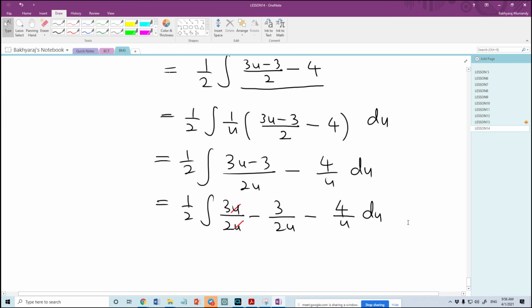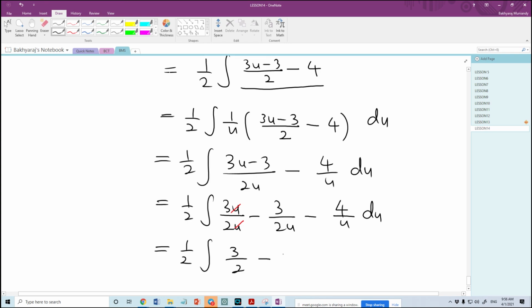Now, split the fraction. Before you go for the integration, split the fraction. 1 over 2 integrate 3 over 2 minus, that's why I used to go with negative 1. Why? Because this part, especially this part, you always make mistakes. The mistake is you carry the 2 and u together.